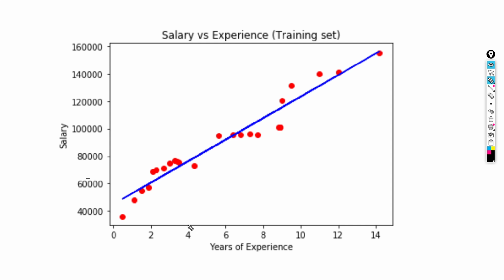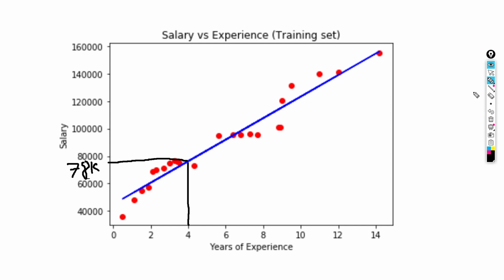We'll plot this 4 all the way to our regression line, and from our regression line we go to our salary over here, which should be around, I think, 78,000. So this is exactly how your regression line helps to predict how much salary a certain number of years of experience should get.